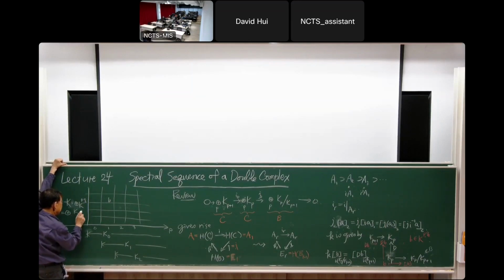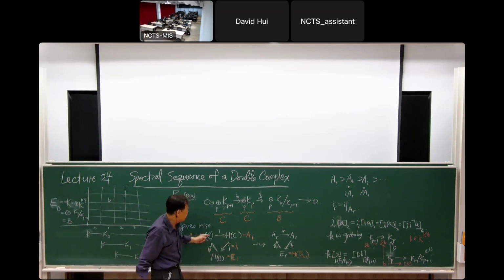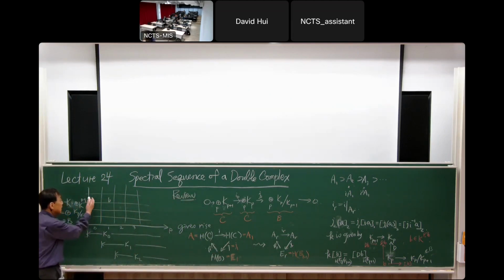The columns are K^p over K^{p+1}. And so it is also B. To get this, we first take the cohomology of B with respect to big D.